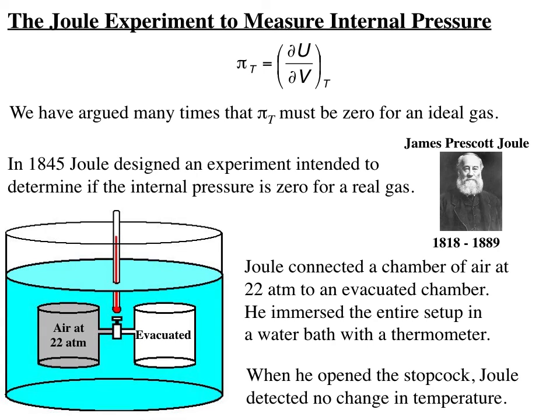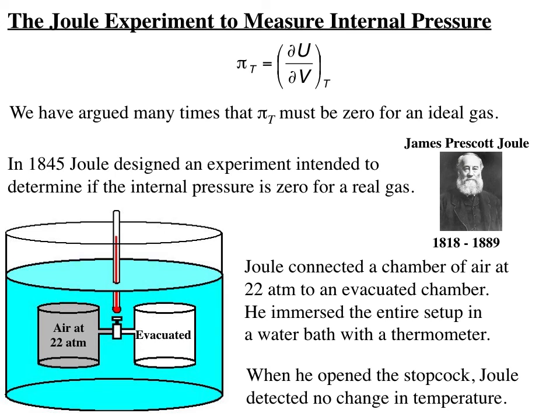Well, Joule decided he was going to attempt to measure pi t for a real gas. So what he did was he put air in a chamber that he jammed up to a very high pressure. He made this real gas air all the way up to 22 atmospheres of pressure.